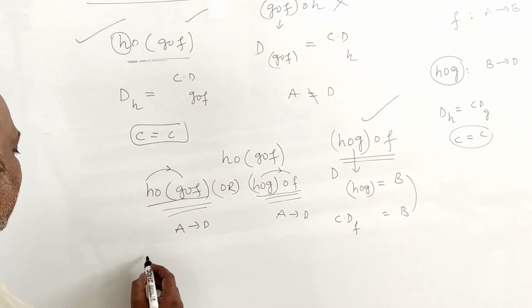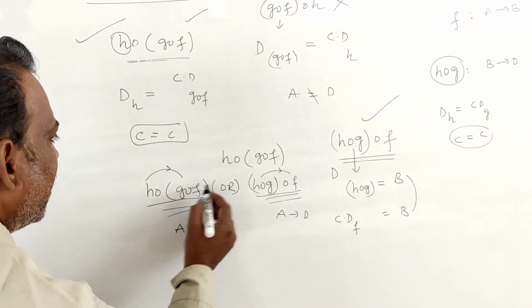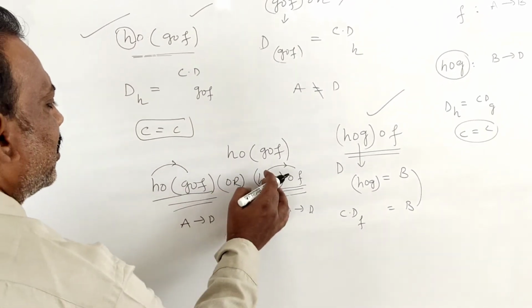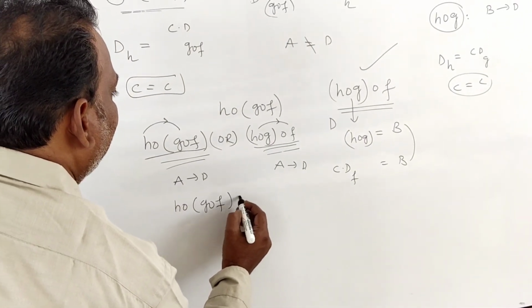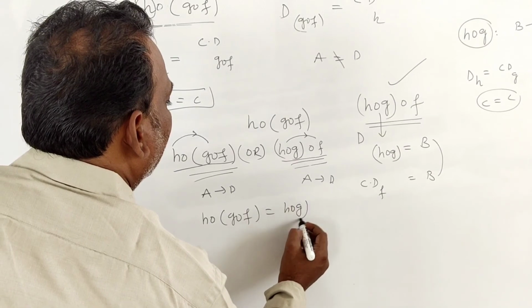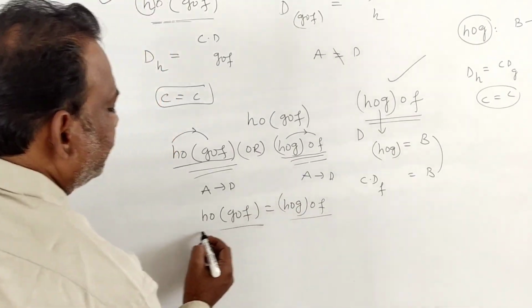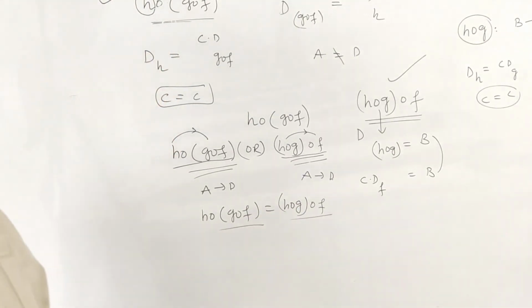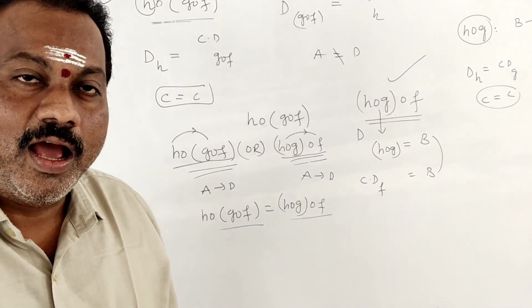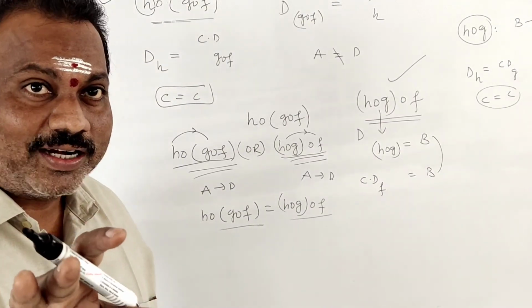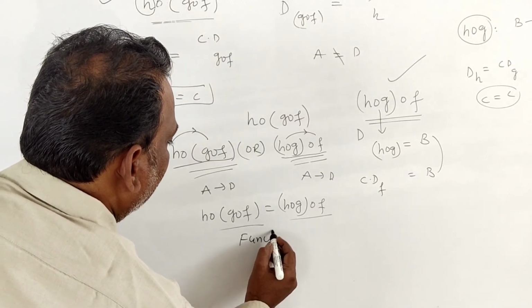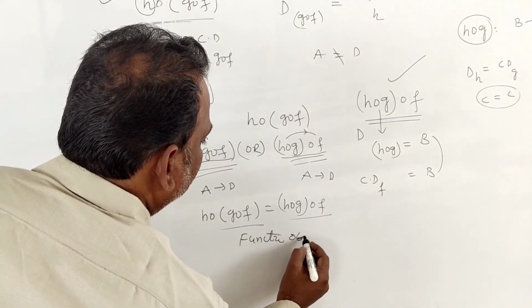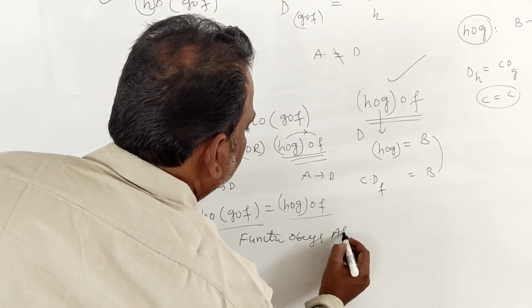Now what is the formula for this? Here, these values not only exist, these values are always equal, students. That's why: commutative is for 2 functions, associative is for 3 functions. Correct or not? That's why functions obey the associative law.